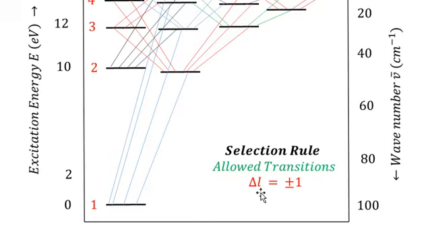Here delta L is an integer that should be plus or minus 1 for the transition to take place. If delta L does not obey this, then the transition will not be allowed, and a transition violating this value of delta L will be a forbidden transition, or an optically forbidden transition.